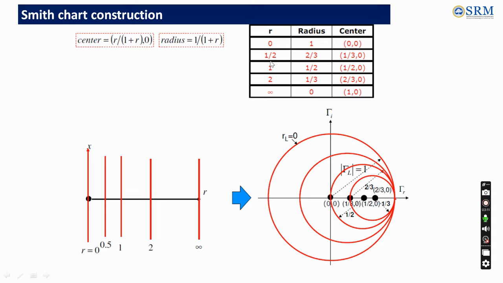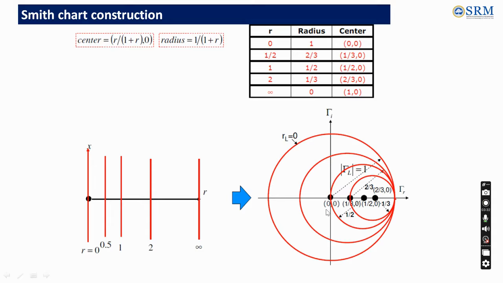Similarly, if I want to find the R equal to half, 0.5 circle, if I substitute here, I get the center as 1 by 3 comma 0, and its radius is 2 by 3.